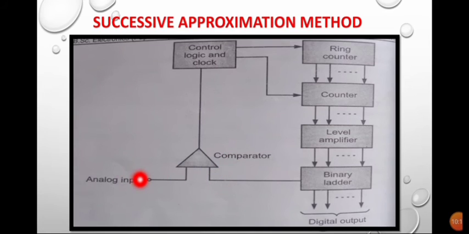The comparator again compares the analog input and the second input and generates the output, which is applied to this ring counter. What does the ring counter do? It counts the input which is applied to the counter. Again the counter counts that output accordingly, which is applied to the level amplifier. The binary ladder generates the digital output here. So in this way the successive approximation method works.